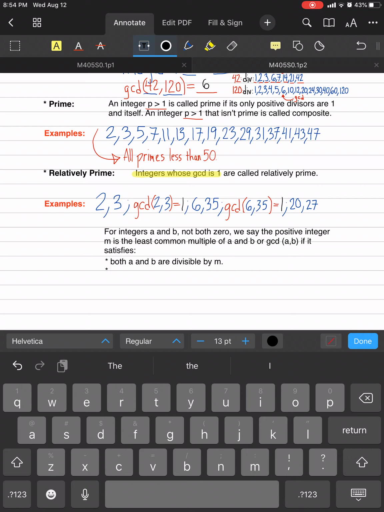And the second thing is we want it to be the least common multiple, so we pick some common multiple.